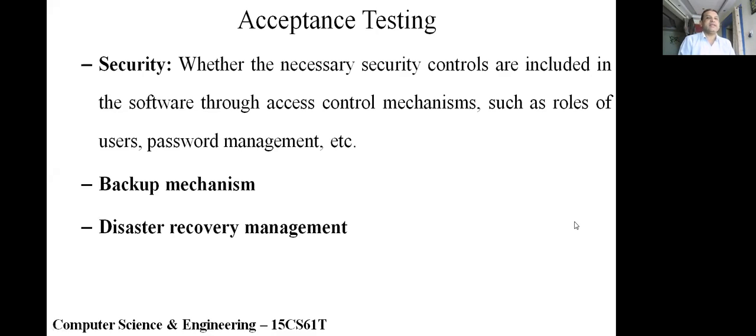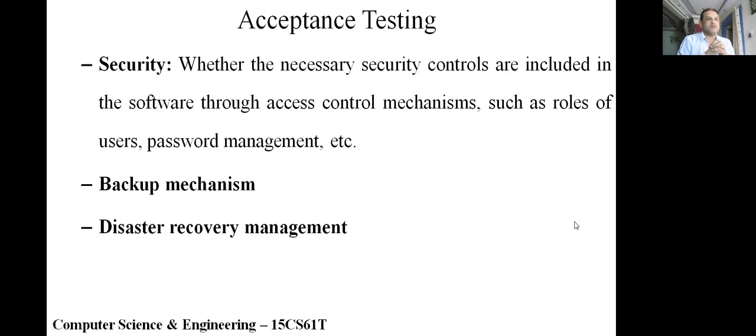Then disaster recovery management. Recovery is needed when there is a problem in the software, or sometimes a natural calamity may happen, a short circuit, or the system gets burned. In such cases, disaster recovery management should also be available.